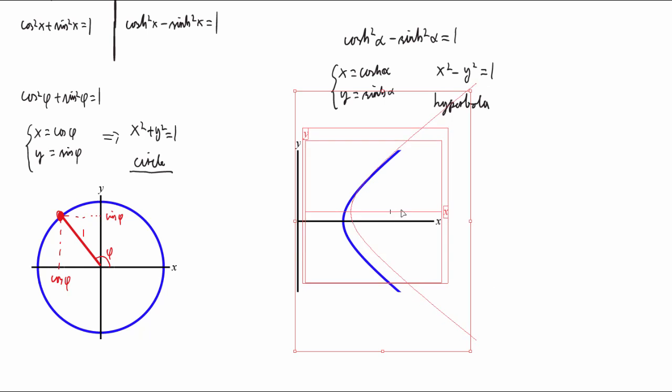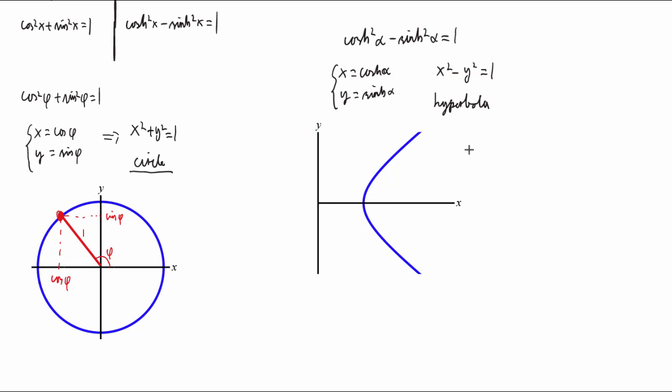So if you plot it, it looks like this. And we can do the same thing as we did here. We can just draw a line from the origin to some point on the hyperbola. That's that point there.